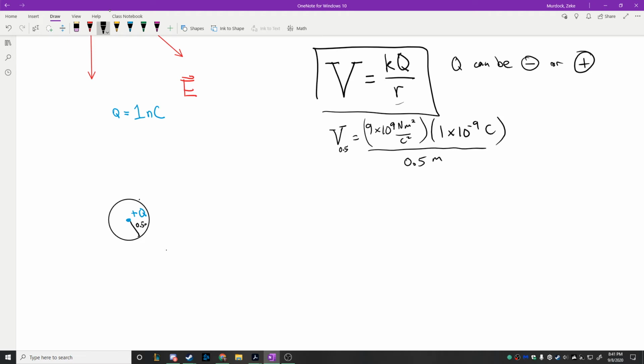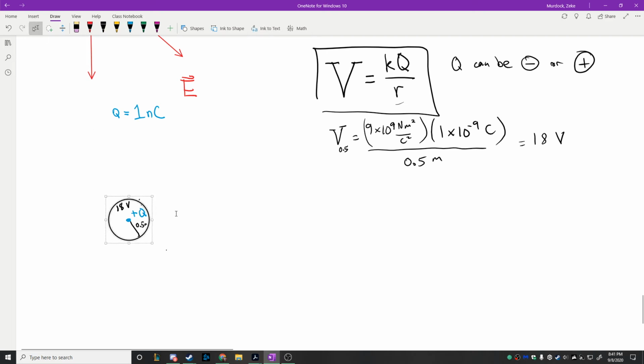It's 9 times 1 divided by 0.5. That's 18, right? What's left? 10 to the 9 times 10 to the negative 9. Those basically cancel each other, and you just get 1. You get 18 volts, right? All right, so right here we have 18 volts. What happens to the potential if we go out to a circle that's twice as big?